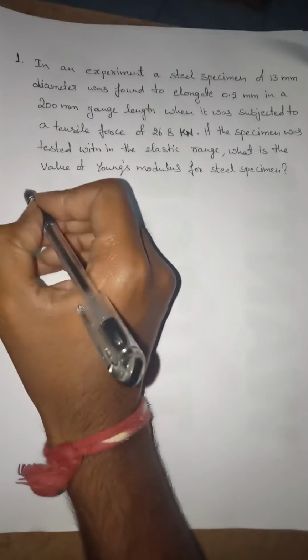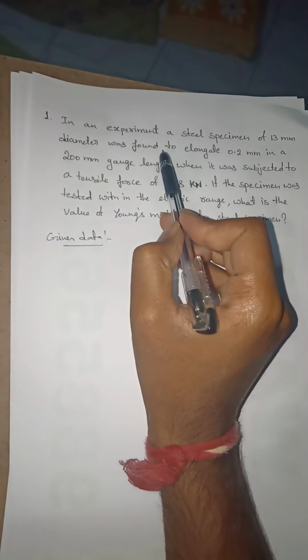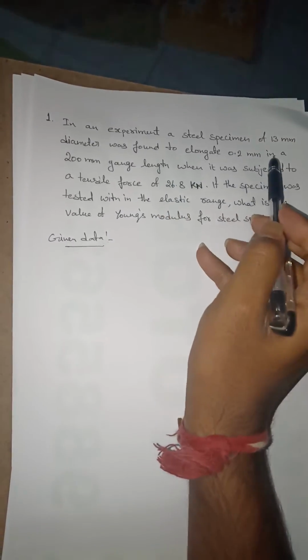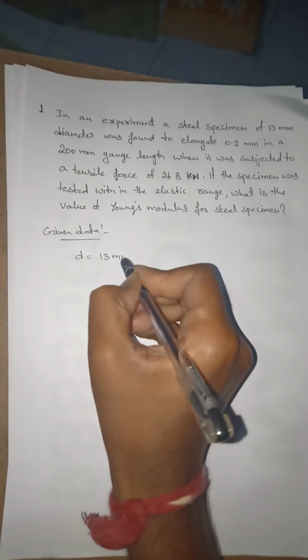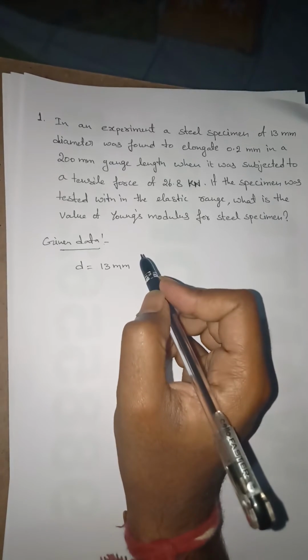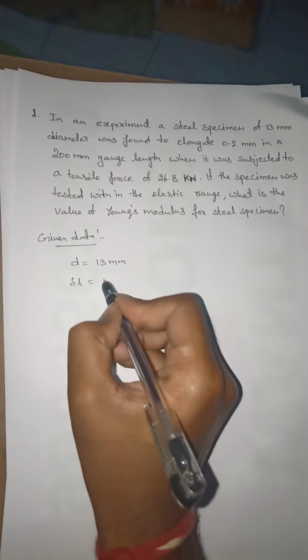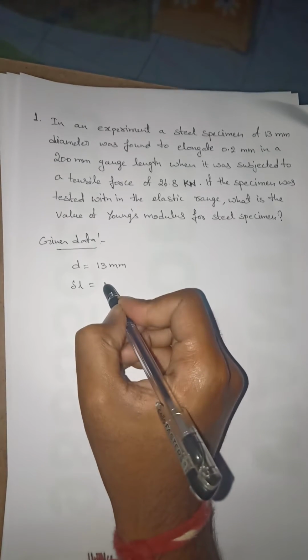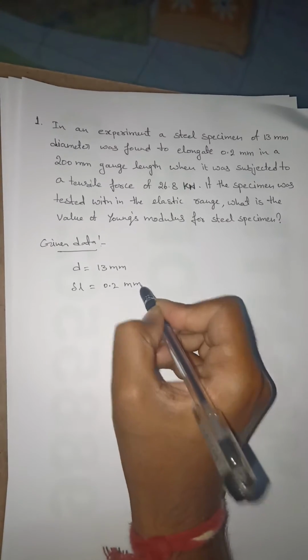So first take the given data in the question. Given data: in the experiment, a steel specimen of 13 mm diameter, so given diameter is equal to 13 mm. Note it down. Elongation, delta L, is equal to 0.2 mm.